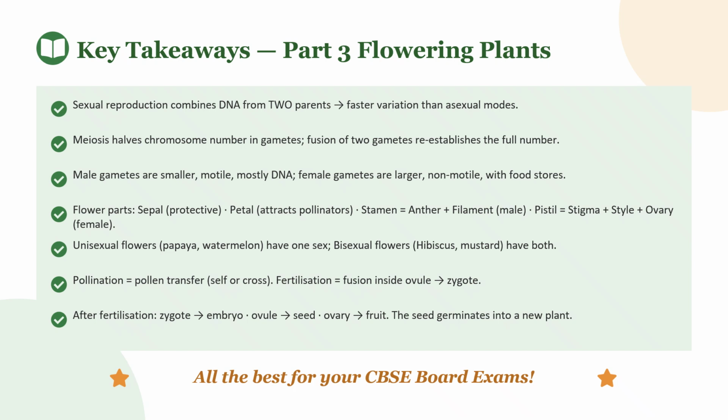The stamen is the male reproductive part, while the pistil is the female reproductive part of a flower. Pollination is the transfer of pollen to the stigma, and fertilization is the fusion of male and female gametes. After fertilization, the zygote develops into an embryo, the ovule becomes the seed, the ovary becomes the fruit, and the seed germinates into a new plant. We have concluded this part, children.